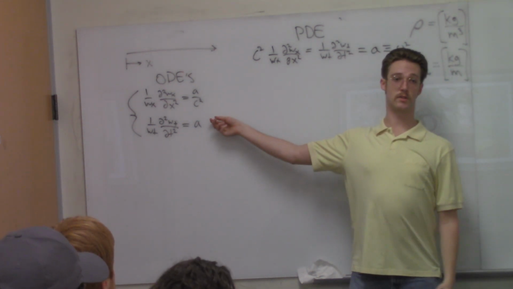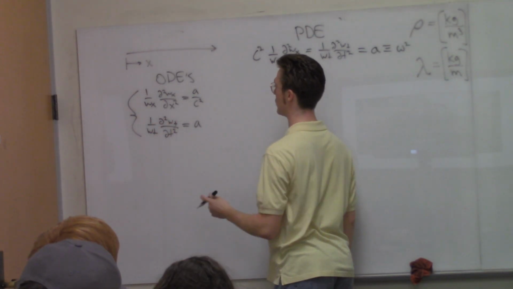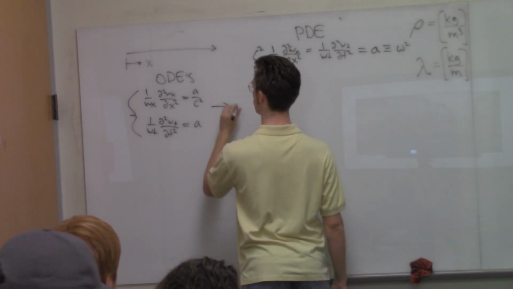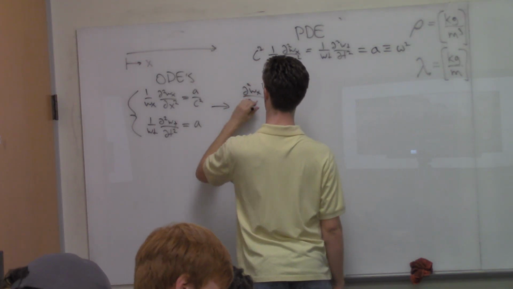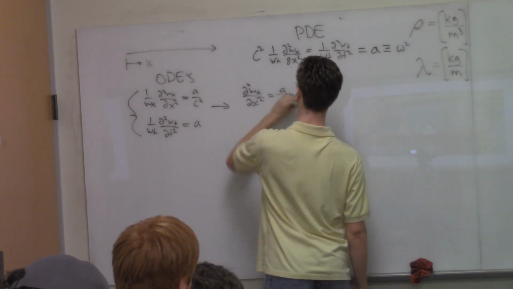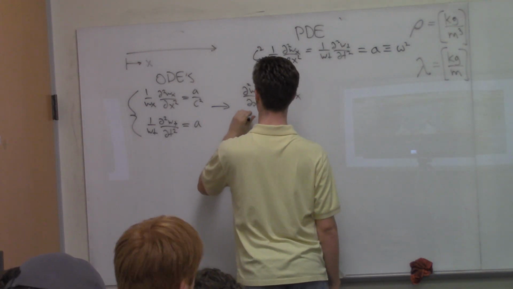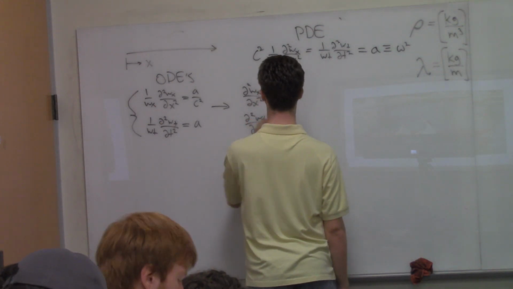ODEs are a lot simpler to solve. We can multiply both sides of these equations by the respective denominator. So now we're going to have something that looks a whole lot similar to what we've done in this class before.